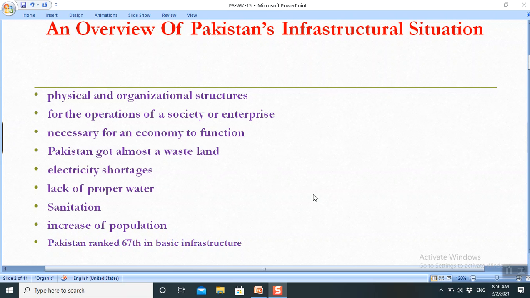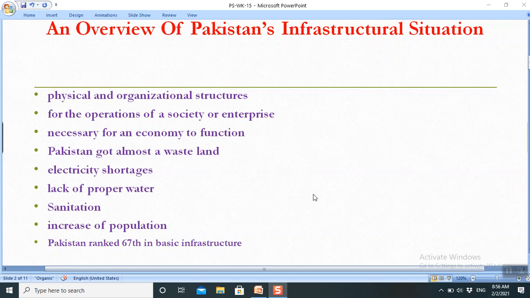But later on, in 1971, Pakistan faced the worst phase of its history, and Pakistan was completely in shock and disarray. But in 1973, once again, the country took advantage under the leadership of Zulfikar Ali Bhutto.